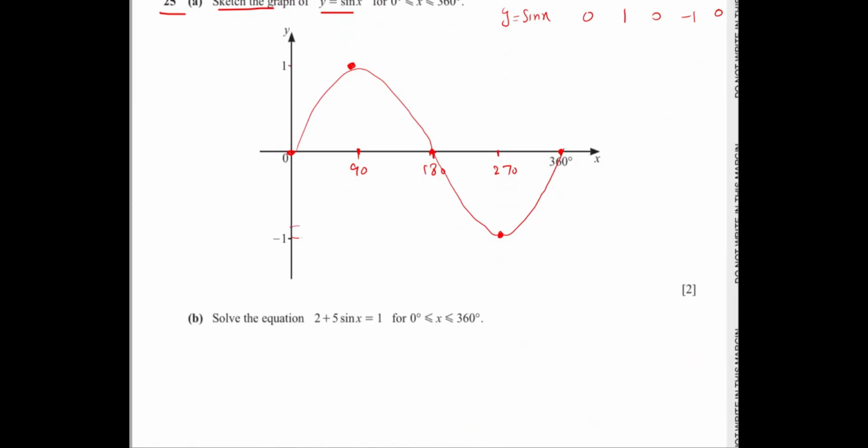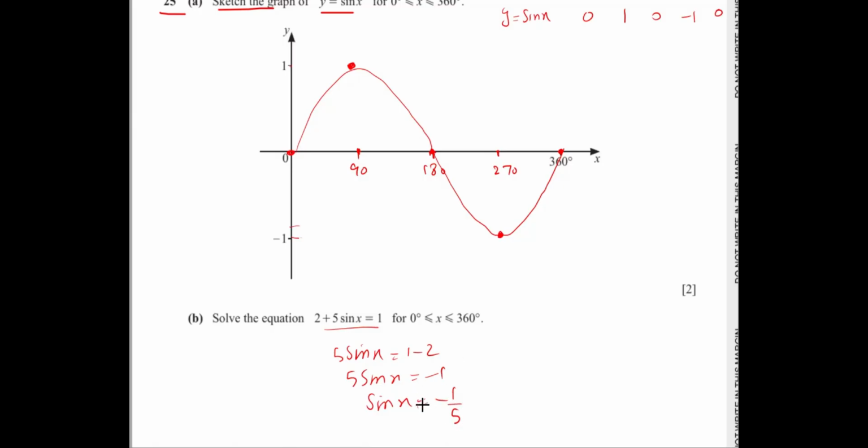Next part, we have to solve the equation 2 plus 5 sin x equal to 1. Look here, 5 sin x will be equal to 1 minus 2, so 5 sin x equals minus 1, and sin x equals minus 1 over 5.